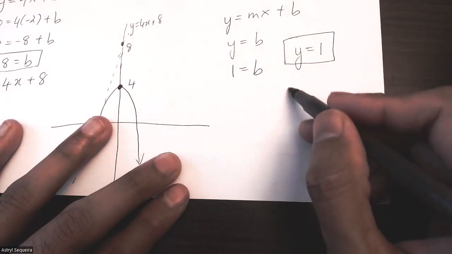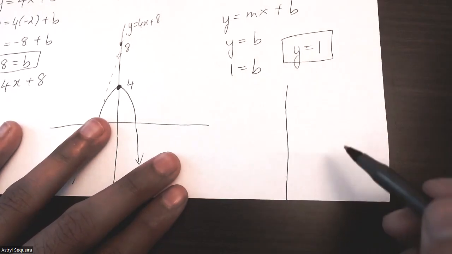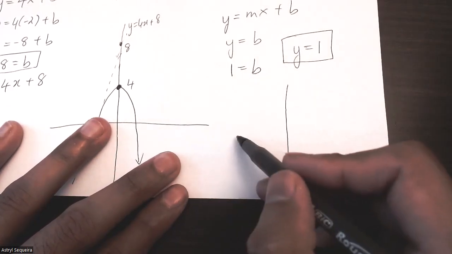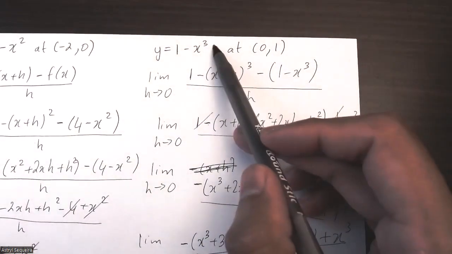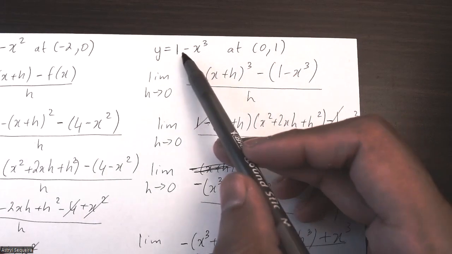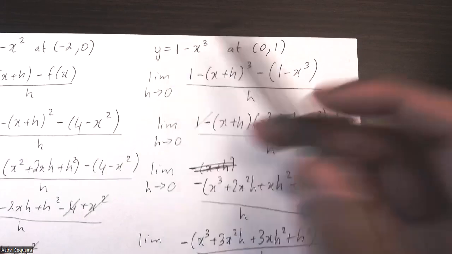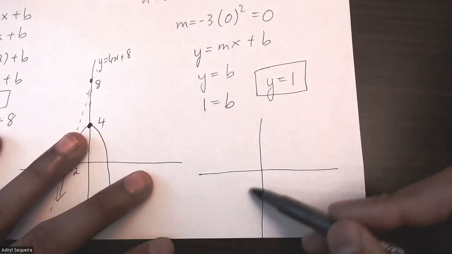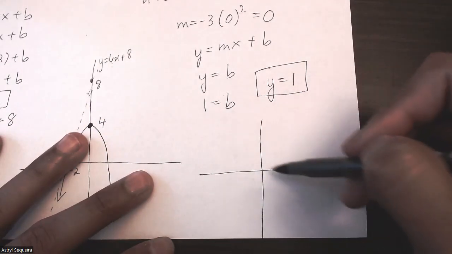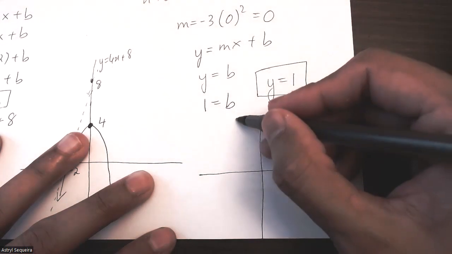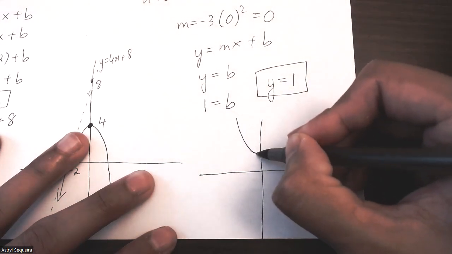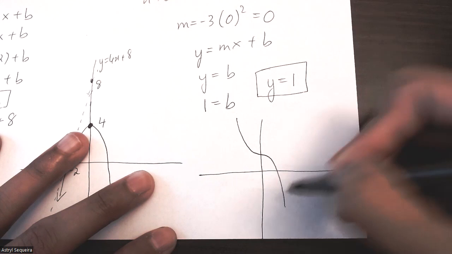I'll sketch the situation out as well so that it makes sense to you. So 1 minus x cubed is just an x cubed graph that's flipped in the x-axis and it's moved up by 1 unit. So I know an x cubed graph is normally like that. It's flipped now and it's moved up by 1 unit. So it's going to look something like that.